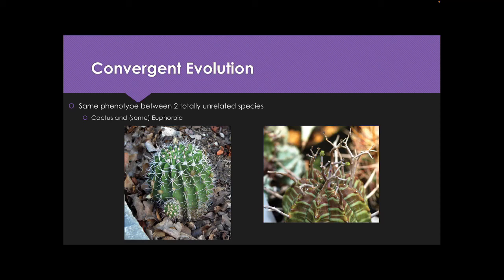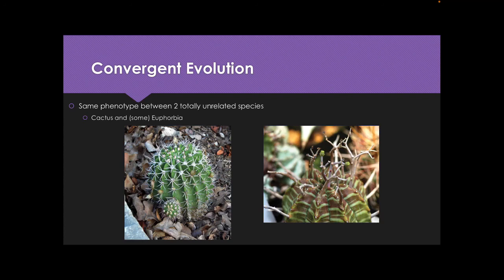The other type of evolution that we see is convergent evolution. This means that you've got the same phenotype, so in this case these two plants look very, very similar, but they're completely unrelated. There is a cactus on the left-hand side and a euphorbia on the right-hand side, but they look very similar. They're both round, they both look like they have these spiky things, but they're not at all that related.